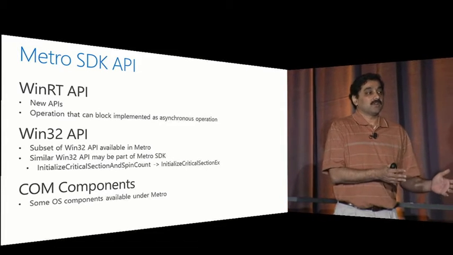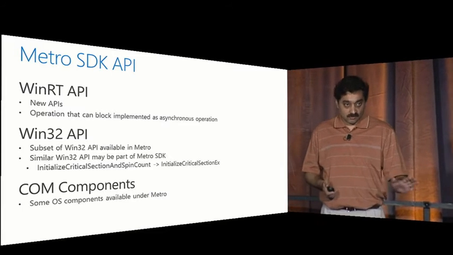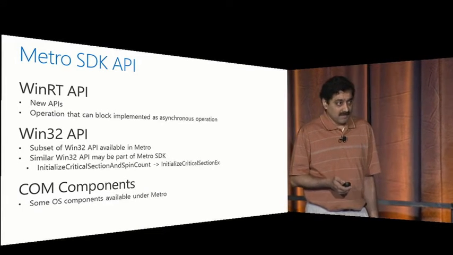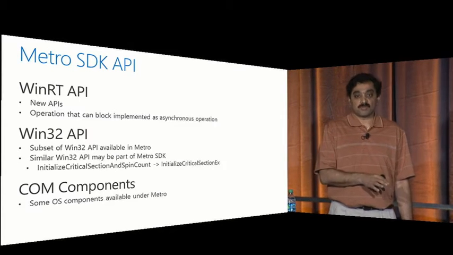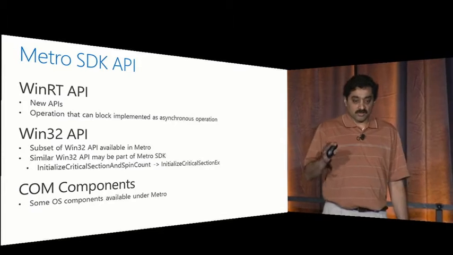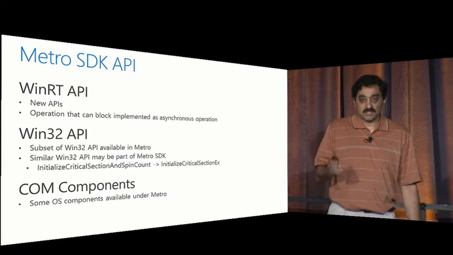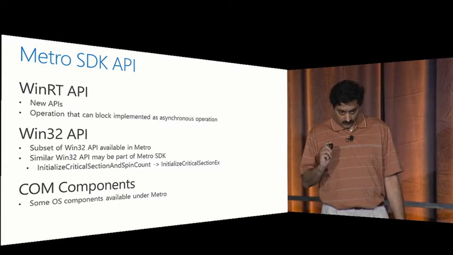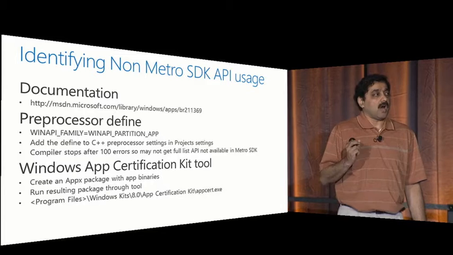So when you're trying to port, there are some alternatives for Win32 APIs. And also, if you're using some OS COM components, some of them are available under Metro. But again, I'm not going into details. The best place to go is the documentation that's online and see what's available to you.